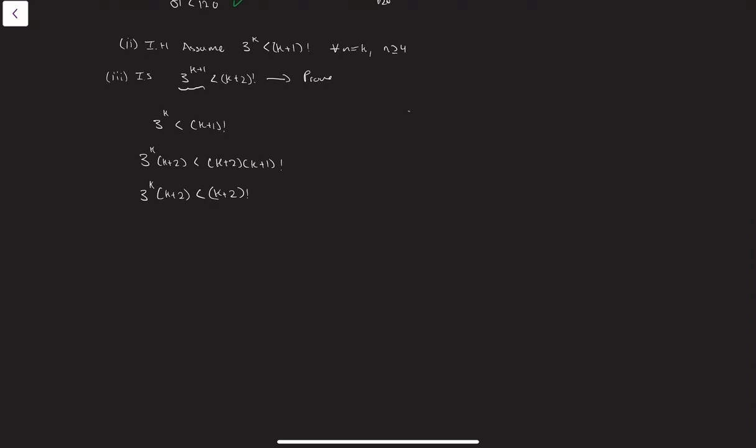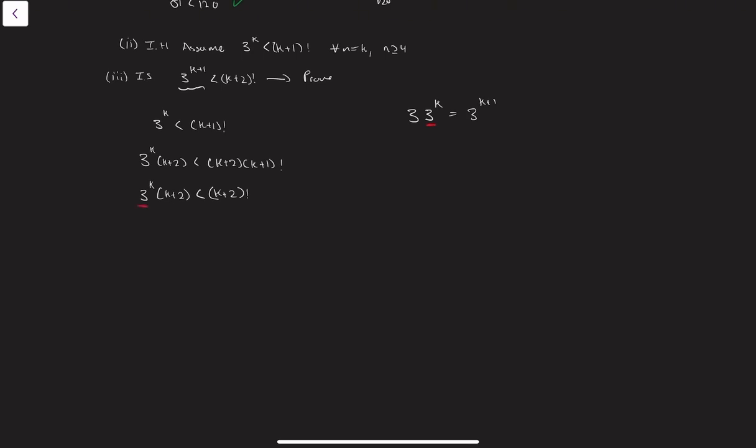Well, something you might note is that 3^(k+1) is equal to 3 multiplied by 3^k, just by rules of exponents, right? But notice here, we have this coefficient here and this coefficient here.